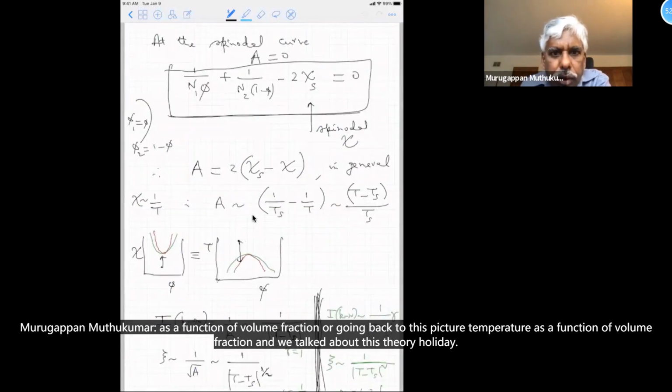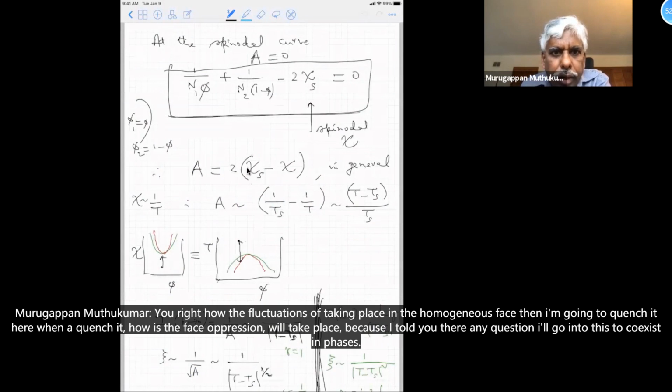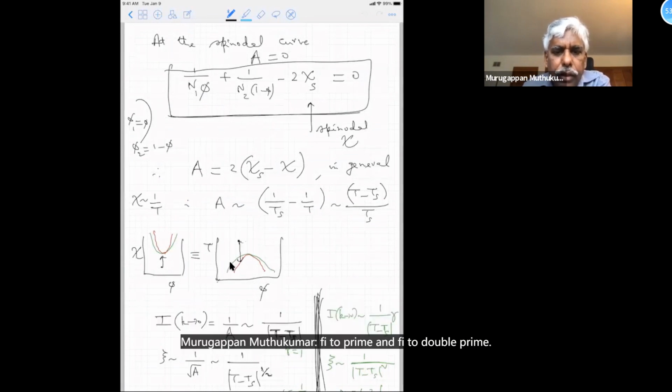And we talked about this theory already, how the fluctuations take place in the homogeneous phase. Then I'm going to quench it here. When I quench it, how is the phase separation going to take place? Because I told you that when I quench it, I'll go into these two coexisting phases, phi 2 prime and phi 2 double prime.